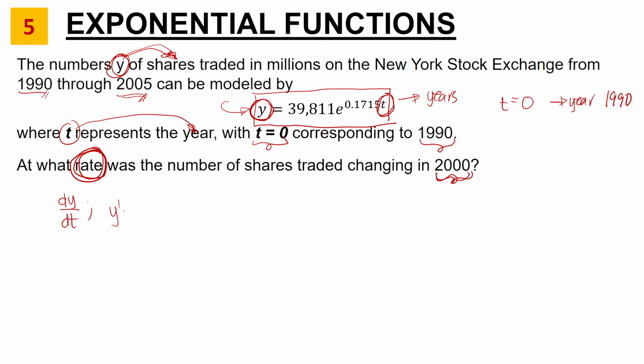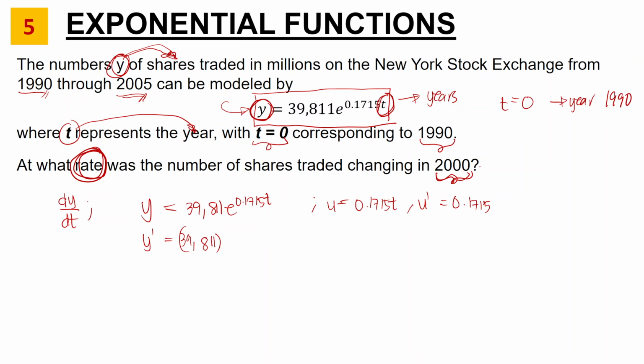So we just differentiate the given equation. We have y is equal to 39,811 e to the 0.1715t, and the y prime is just equal to 39,811 times the derivative of its exponent. Our u here is 0.1715t, so the u prime is just 0.1715.